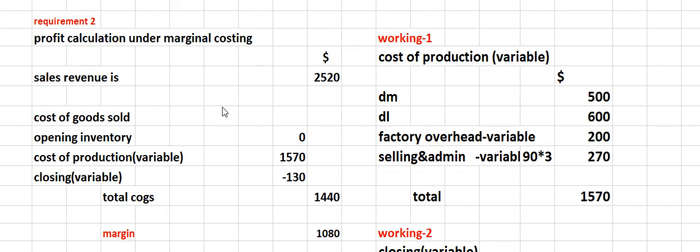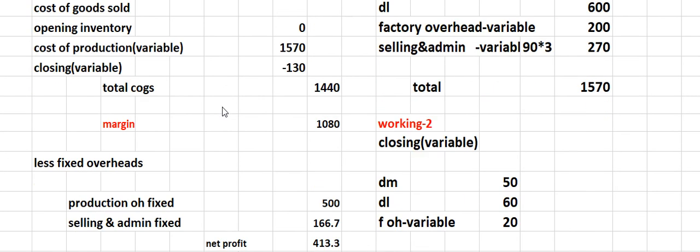Now we have to deduct closing variables from cost of production to get the total cost of goods sold. Here is the working of closing variables. Closing inventory was 10 units, and 10 units consume 10 into direct materials of $5 per unit, so total $50. And direct labor is $6 per unit, so total $60.